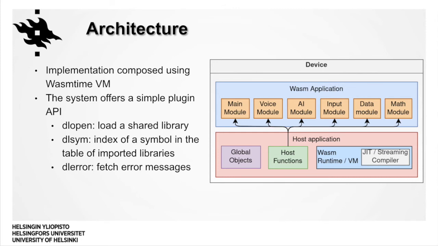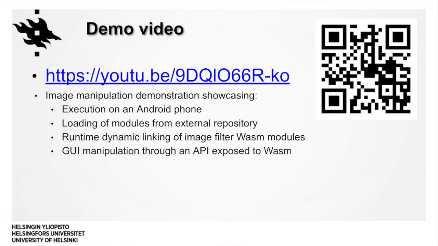At the moment our implementation supports Android devices and also Raspberry Pi and Linux environments. In future it is of course also possible to support more constrained devices than Raspberry Pi. Here you can see a link to our demonstrator video, so you can see the runtime implementation in action.